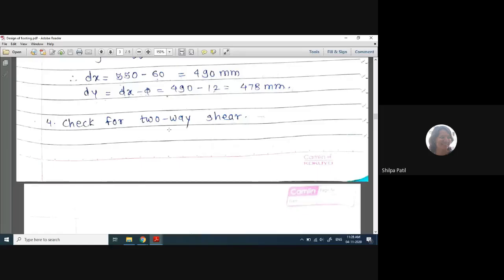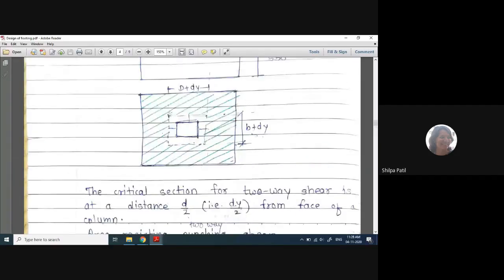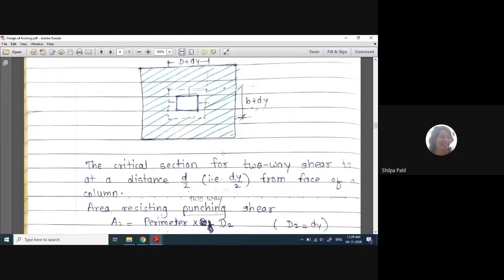It is also called two-way shear because the shear is acting in both these directions. So for this, a check is necessary in the design of footing, and that check is called the check for two-way shear. For this check, we consider a critical section at a distance of d by 2 from the face of the column.